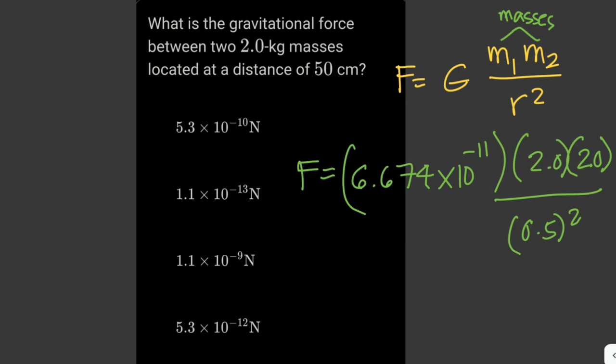The unit for G is cubic meter per kilogram second squared, this one is kilogram, and 0.5 is in meter, so there will be meter squared.